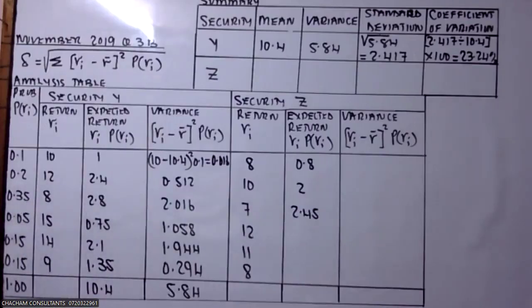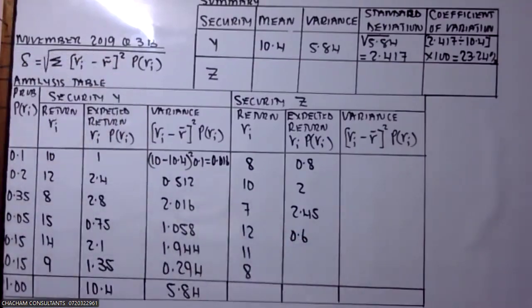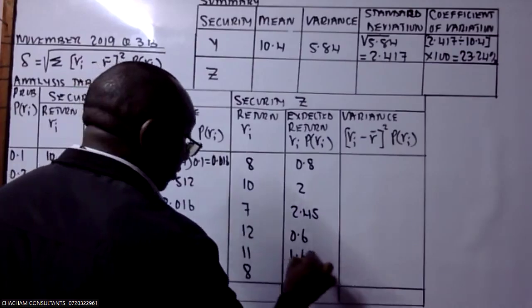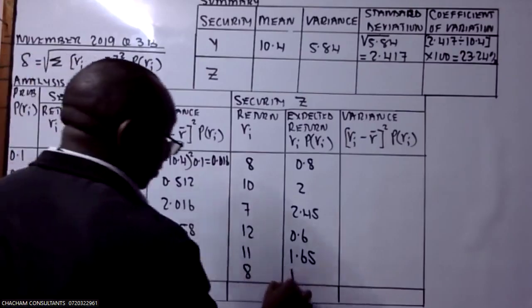0.05 times 12, 0.6. 0.15 times 11, 1.65. Next, 0.15 times 8, 1.2. So add them.